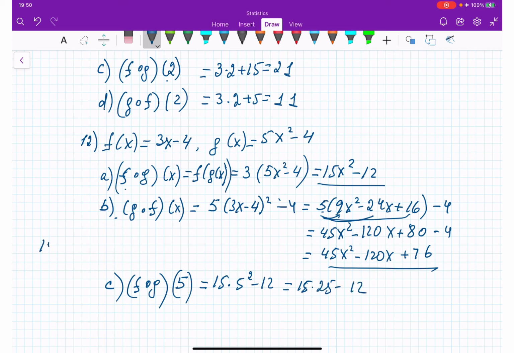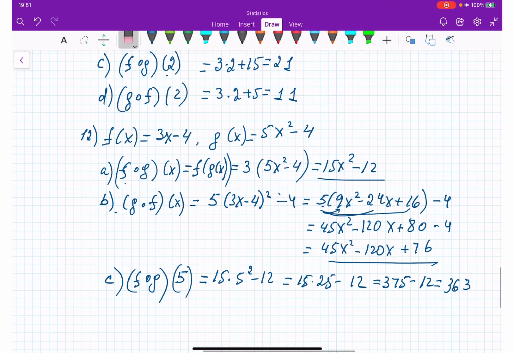Multiply 25 times 15: 5 times 5 is 25, 2 in mind. 5 times 2 is 10, and 2, 125. And here is 25, 375. 375 minus 12: 5 minus 2 is 3, 7 minus 1 is 6, and 363. Okay.